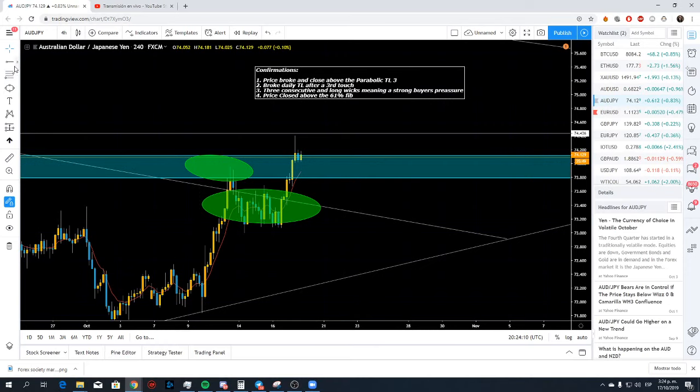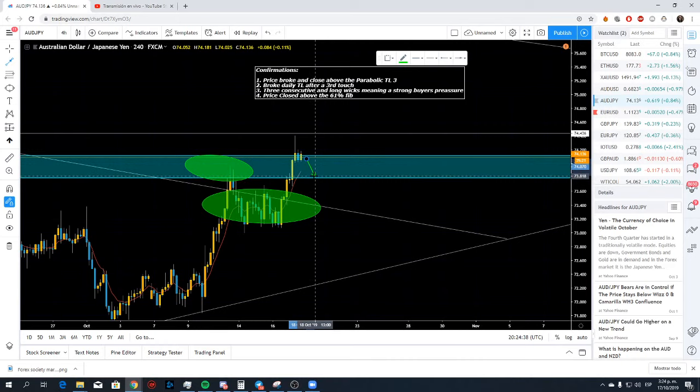We got 4 confirmations for this pair, and what I see is if price fails to give us a 4H close above this 38 level and above the blue zone and above these previous candle highs, it might retest this.